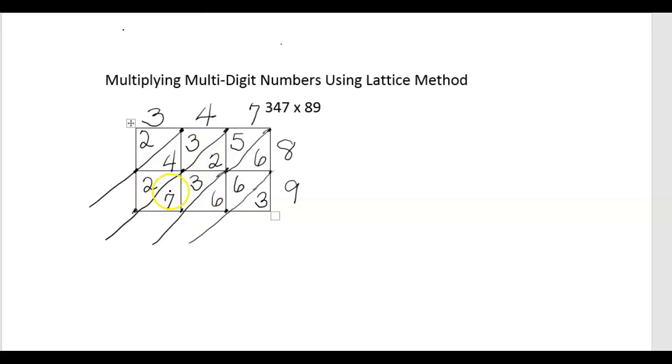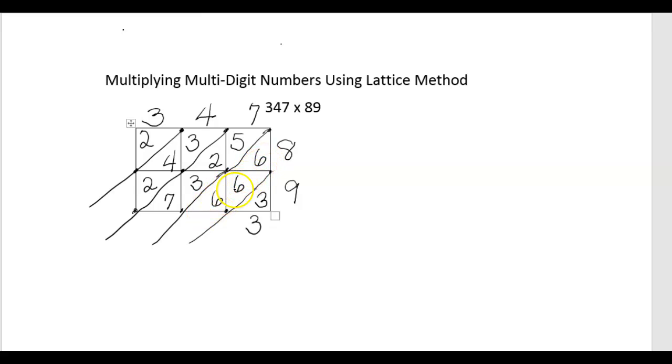The next thing we are going to do is add all the numbers on the same diagonals. On my first diagonal, the number I have is a 3, so I will just write down the 3 here. On the second diagonal, I have 6, 6, and 6. I am going to add all of these numbers.